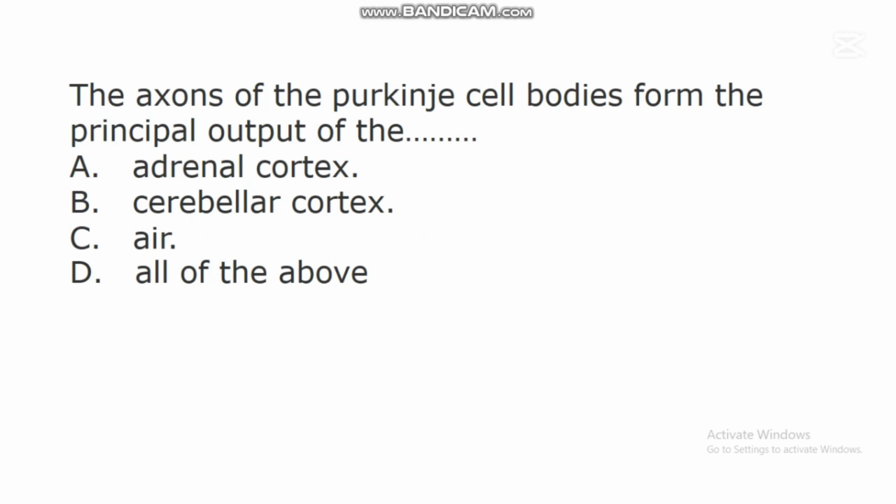In this question, the correct answer is B. Cerebellar cortex. Studies have shown that the axons of the Purkinje cell bodies form the principal output of the cerebellar cortex.